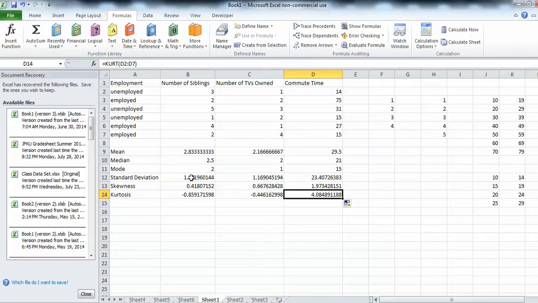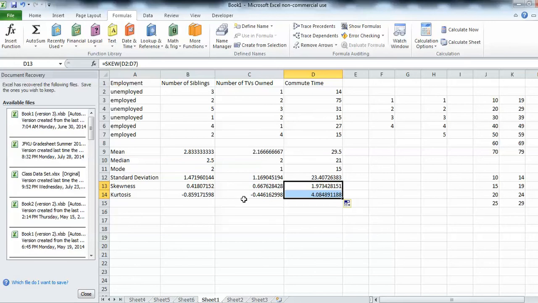Let's see if any of these are like that. Number of siblings is close to normal because both values are between -1 and +1. The same thing for number of TVs owned. This one is not close to normal because both skewness and kurtosis are outside of the -1 to +1 range.